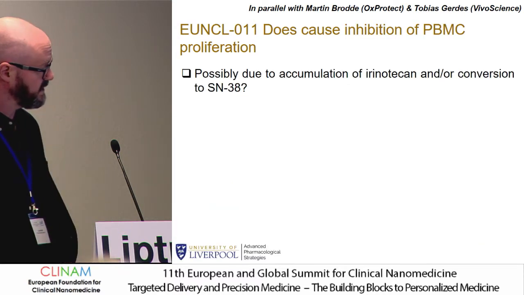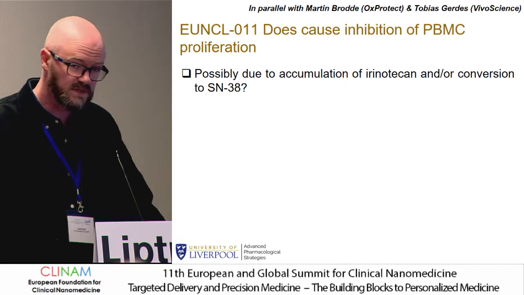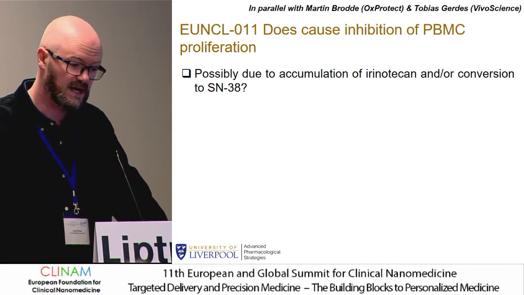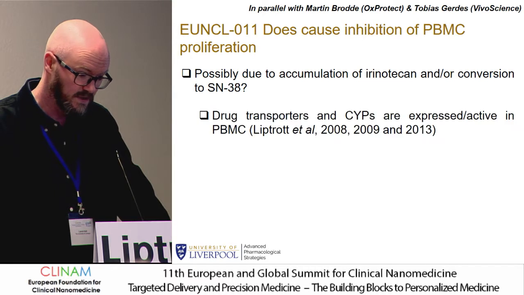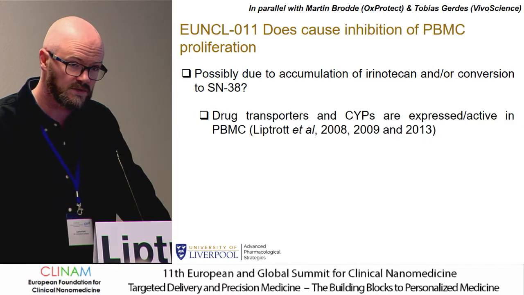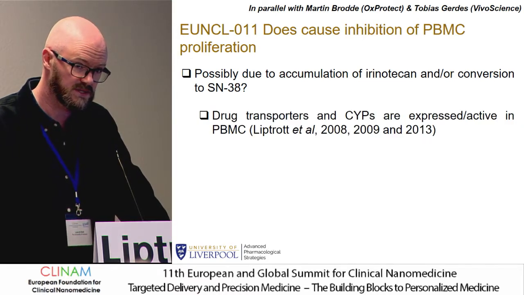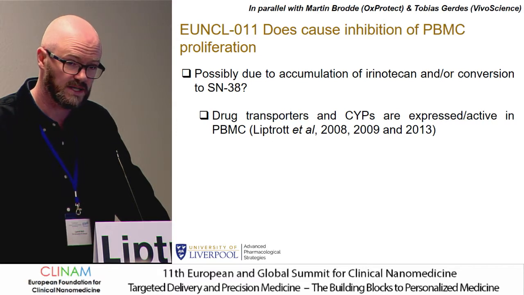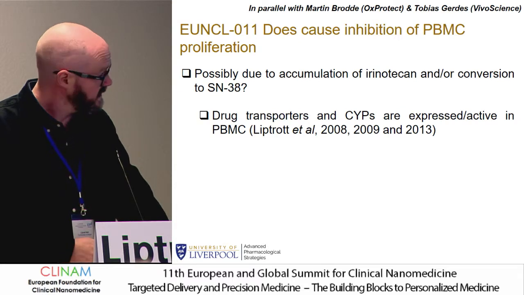Now, why might that be? Sven Eben already mentioned it. It might be due to the accumulation of Irinotecan and/or SN38. Now, from previous work that we've done at Liverpool, we know that the proteins involved in drug disposition and drug distribution are expressed and active in immune cells for different reasons.